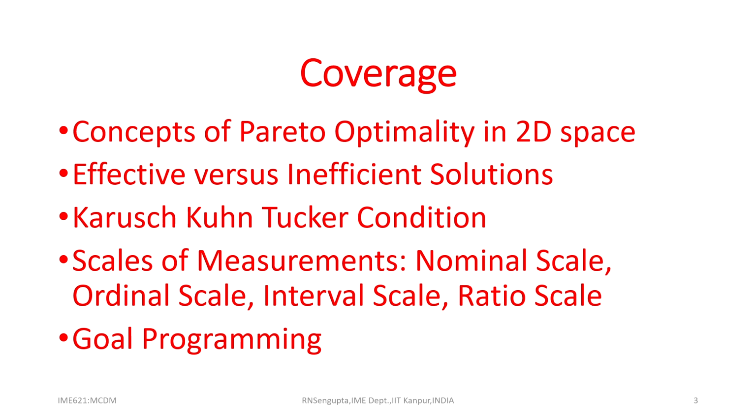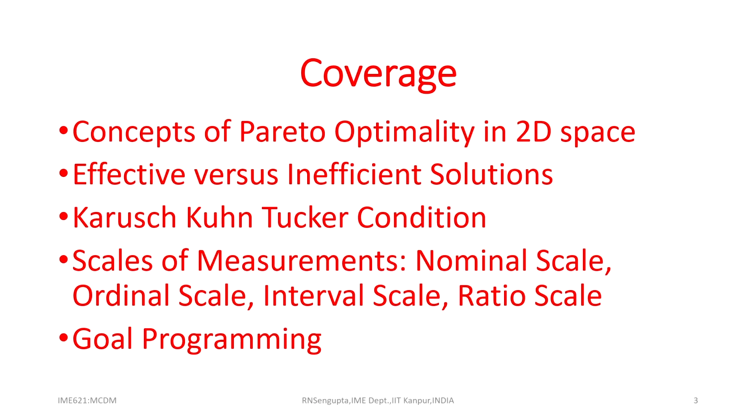We will also consider the scales of measurement: the nominal scale, ordinal scale, interval scale, ratio scale, and we will discuss with a simple problem why scales of measurement are important, which will be relevant later on when we come to multi-attribute decision making, and then we will move on to goal programming. The two methodologies of goal programming will be discussed later on as we proceed.